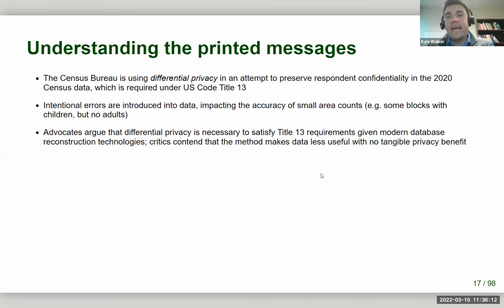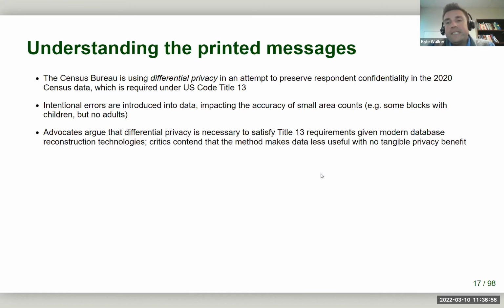Differential privacy is something as a user of the 2020 census that you need to know about. We've used different methods in the past to preserve respondent confidentiality. Differential privacy is a method that's being used in 2020 to satisfy US Code Title 13 requirements, which, in a nutshell, covers the mandate of the Census Bureau to preserve the absolute confidentiality of responses to the US Census.